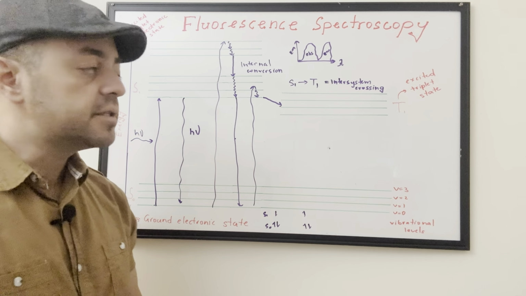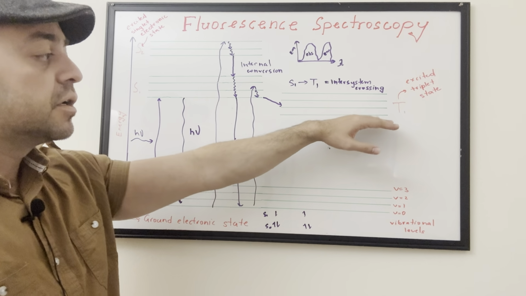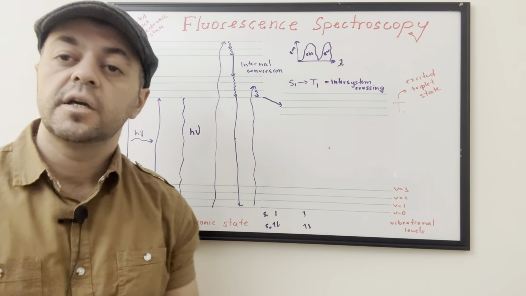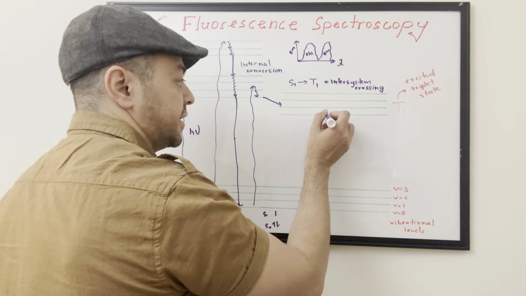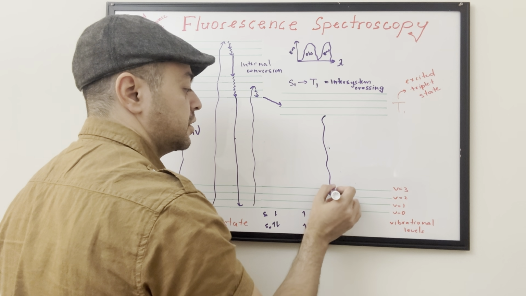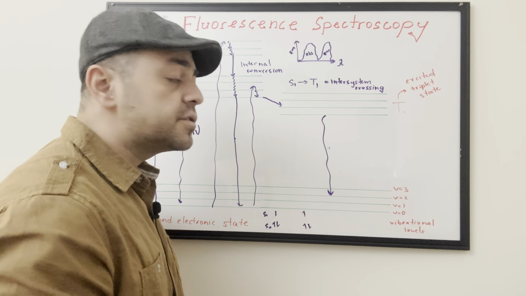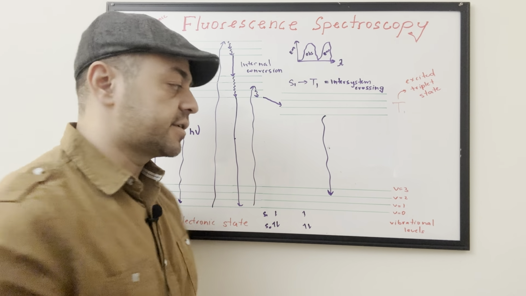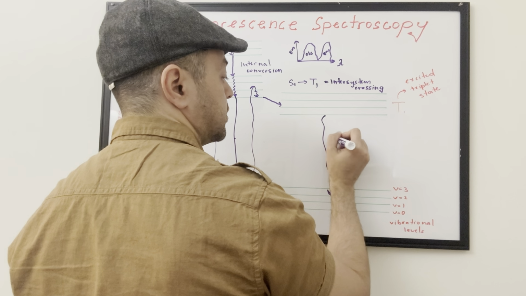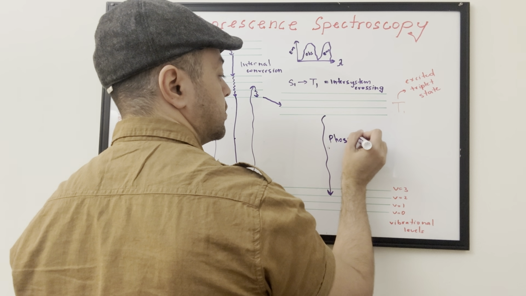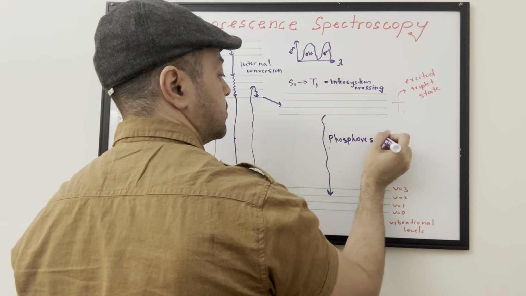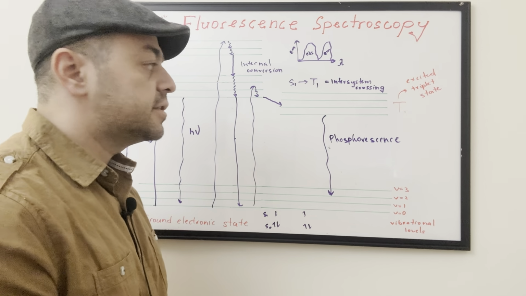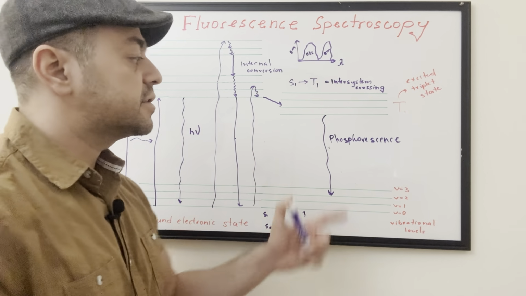In that case, the electron goes from the T1 triplet state all the way to the ground state, like this. We don't call it fluorescence or emission, but phosphorescence.